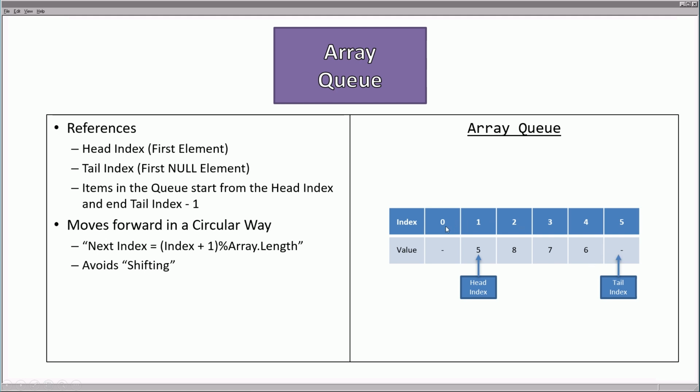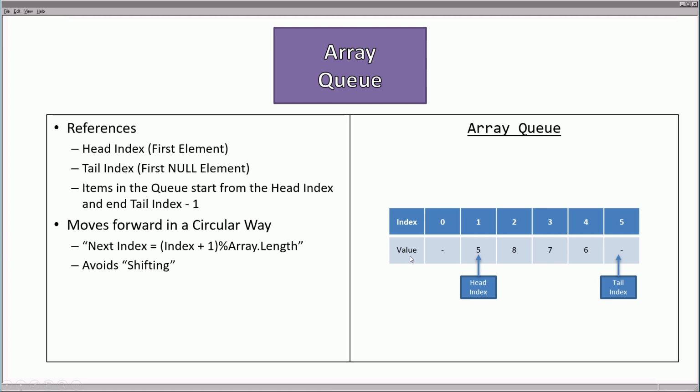Showing this over here, we can see this is an array of size 6. If I'm at index 5 and I do 5 plus 1, which is 6, 6 mod 6, there's no remainder, so it jumps back to 0. By implementing it in this way, we can avoid a shifting operation. So let's assume that the head was always going to be 0.